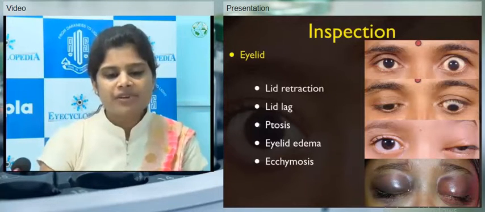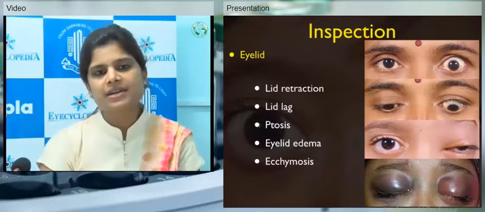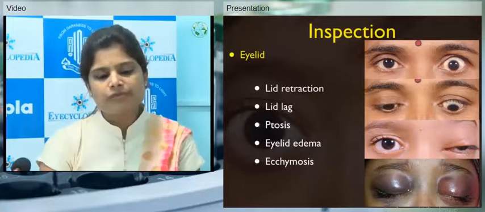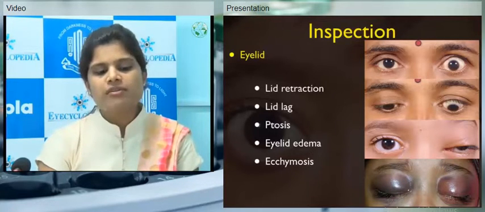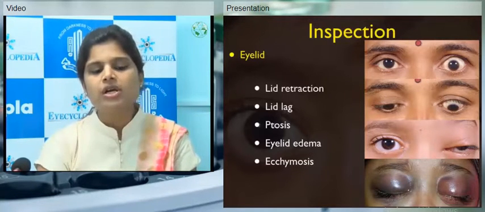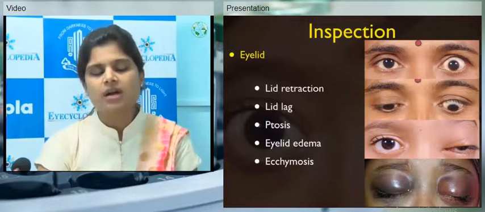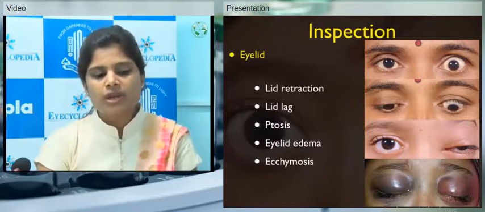For example, in the first photograph here, you can see that the patient has eyelid retraction. The second photograph is of the same patient, where the patient has lid lag. That means the left upper eyelid is not coming down as much as the right upper lid. This is what we call lid lag.